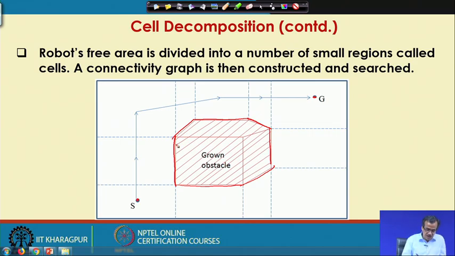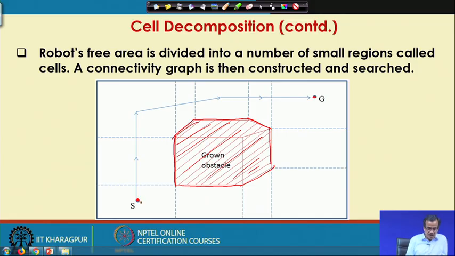Now, if this is the infeasible zone, the rest will be the feasible zone. This is the boundary of the field, and this white portion is the feasible zone. This feasible zone is divided into a large number of small subregions.